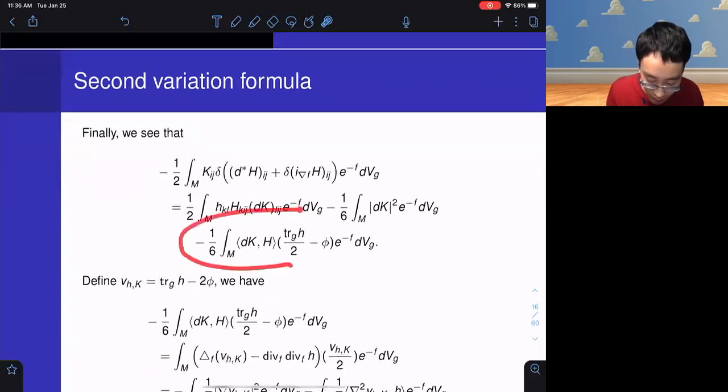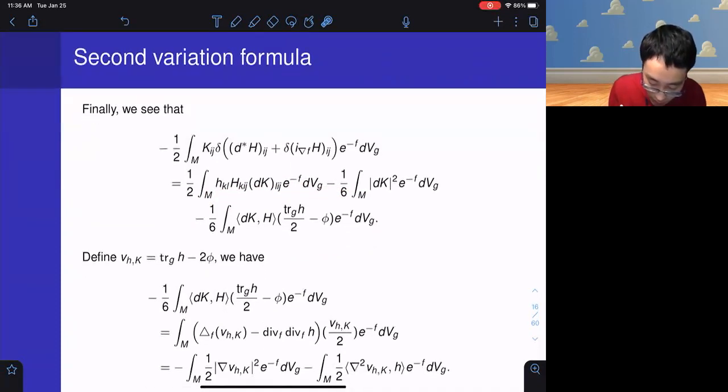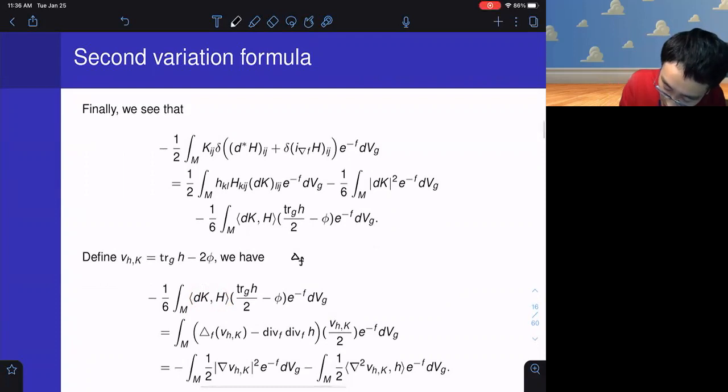So what is this one? To deal with this one, we can define VHK to be the trace of -2 phi. Then we recall that the projection of f of trace -2 phi is divergent fH minus 1/6 DKH.